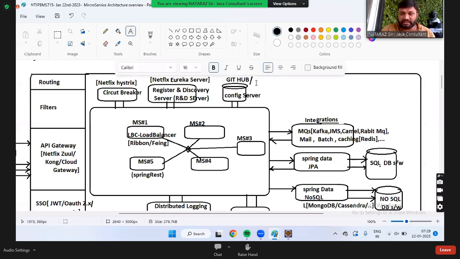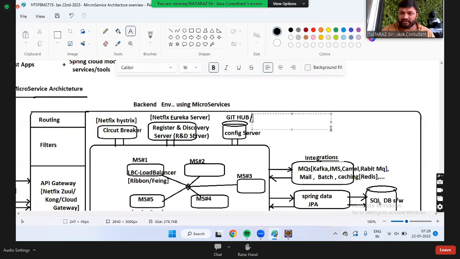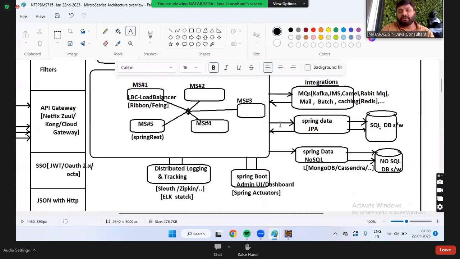Everyone understanding my statement, guys? GitHub, GitLab, common properties will be placed. I repeat, let us assume all these microservices are talking with the same Oracle database software. They may use different logical database or same logical database, right? Or some other common thing they are doing.